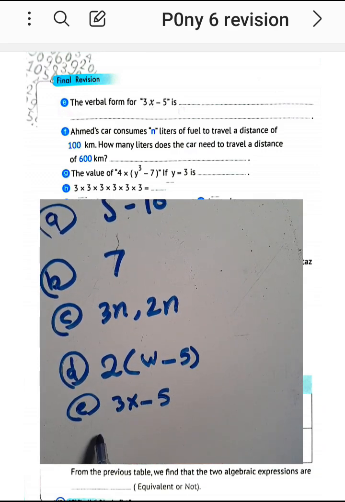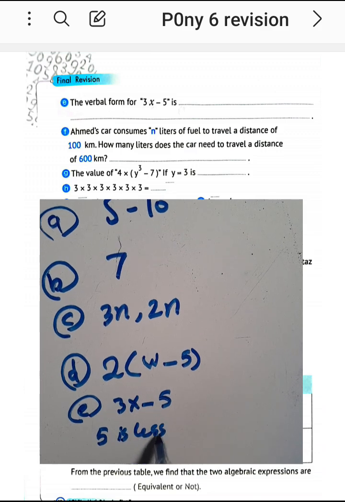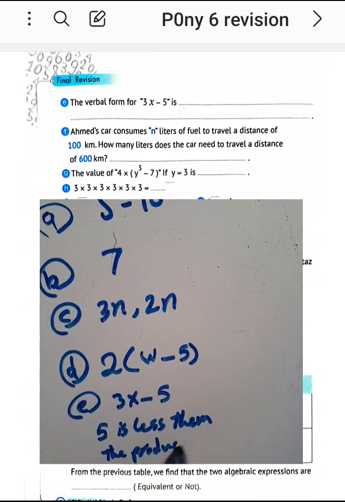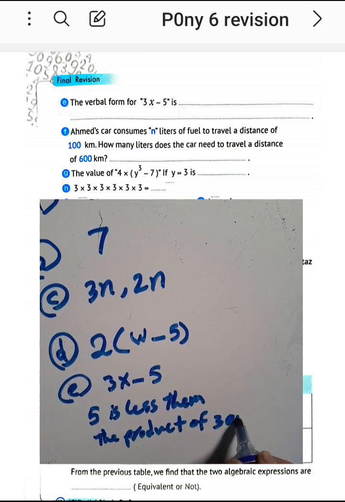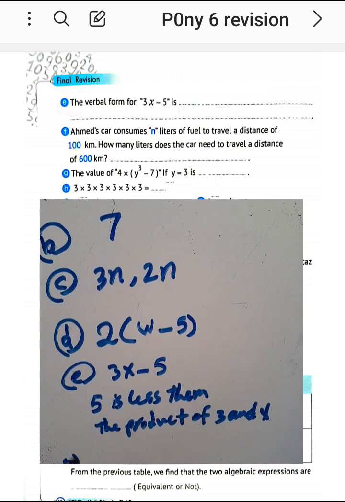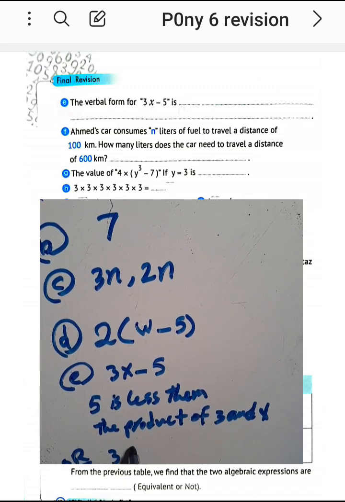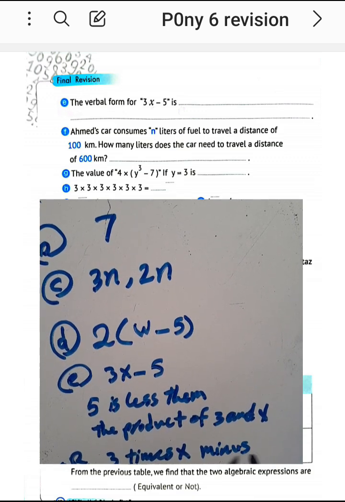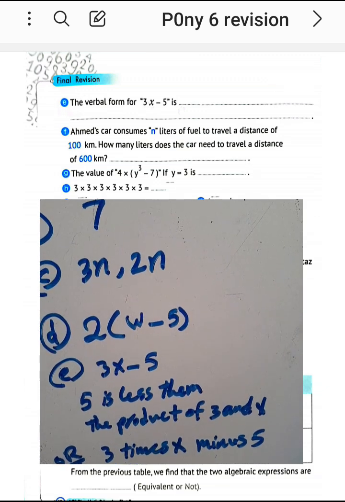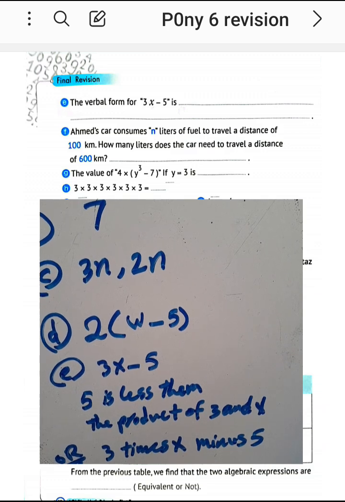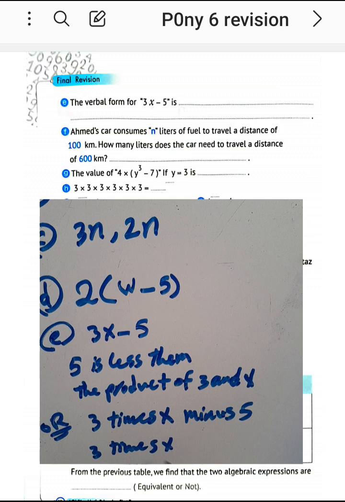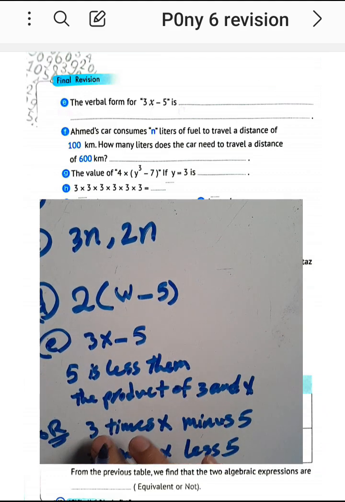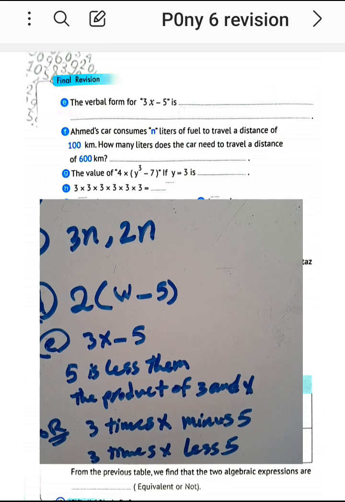We can write 5 is less than the product of 3 and x, or you can write 3 times x minus 5, or 3 times x less 5, or the product of 3 and x subtract by 5, or less 5, as you like.